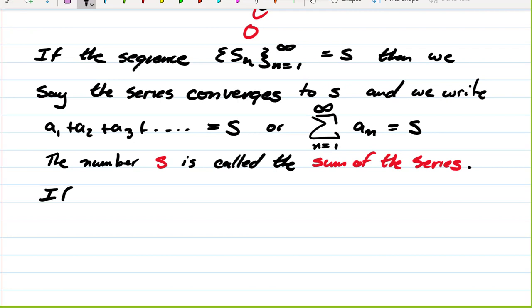If the sequence of partial sums diverges, we say the series diverges.